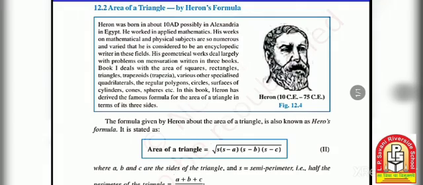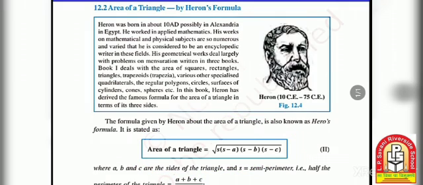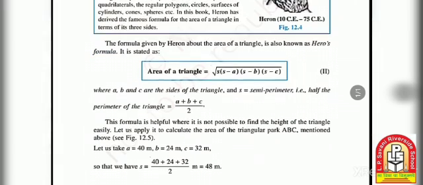His works on mathematics and physical subjects are so numerous and varied that he is considered to be an encyclopedic writer. He solved various problems of mathematics by using applied mathematics. This formula is given by Heron to find the area of the triangle.